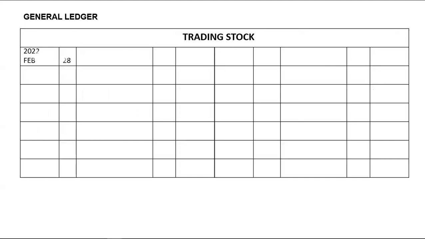Now, when it comes to trading stock, I'm just going to go through this quickly. Our balance of trading stock as per the trial balance was 250,000. It will be increased by goods that were returned, which is 5,000. The cost price of goods that were returned will normally go to the DAJ, but in this case, I recorded it in the GJ, which is the general journal.